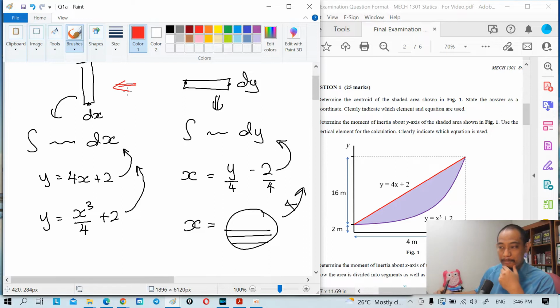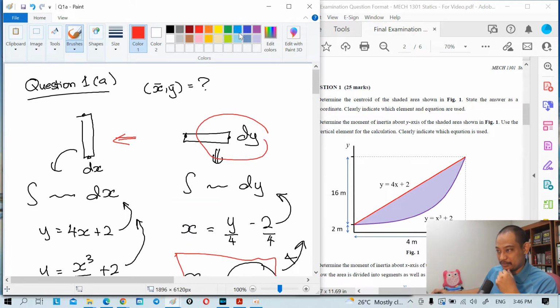If you select this other element, you'll get stuck because you cannot integrate this equation. So make sure you know that from the beginning. Do not start straight away and calculate until you get stuck and have wasted time. Alright? Okay, so with that in mind, I'll just leave it here.